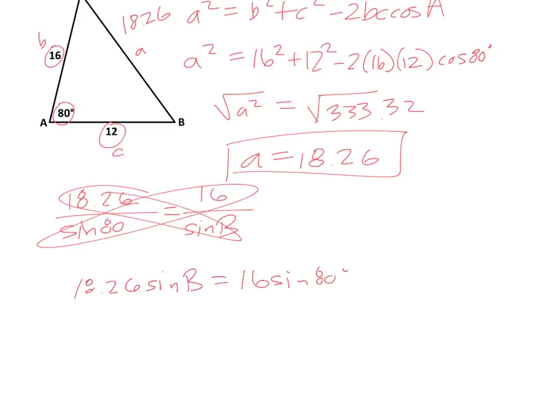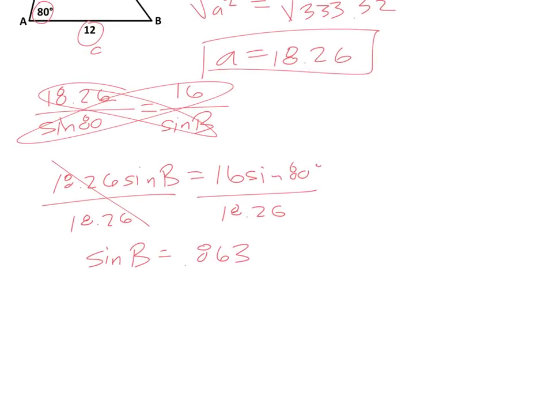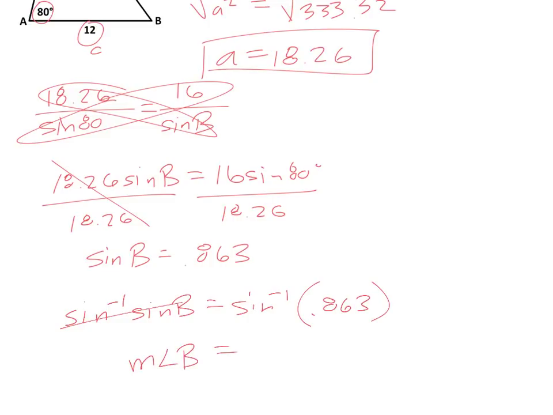Then I divide by 18.26. And that's equal to 0.863. And now what do you do to isolate the angle? Correct, you take the inverse sine of both sides. So that's gone. You're just left with the measurement of angle B, and that's equal to 59.66 degrees.